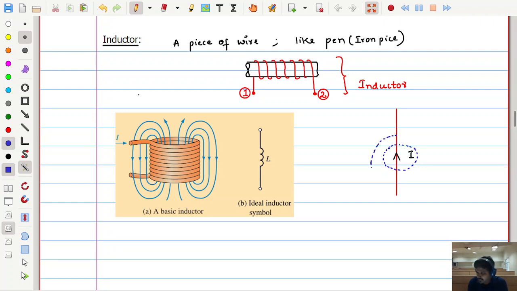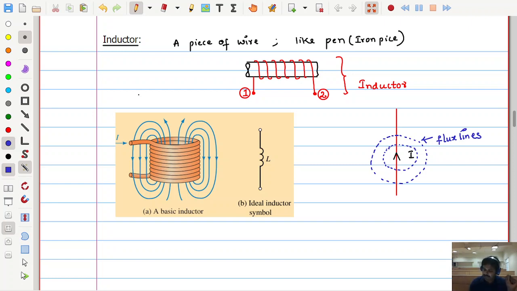So these are the flux around the conductor. This blue color one are the flux lines. So that means the property is that when a flow of current takes place through a conductor, it definitely establishes flux around the conductor. Okay? So this is the basic property.